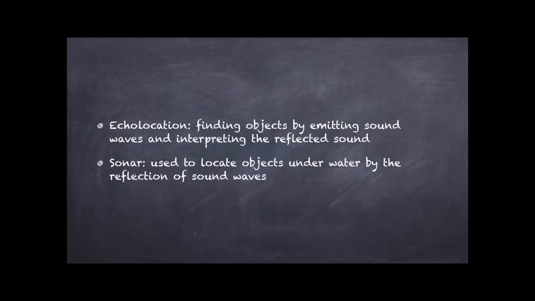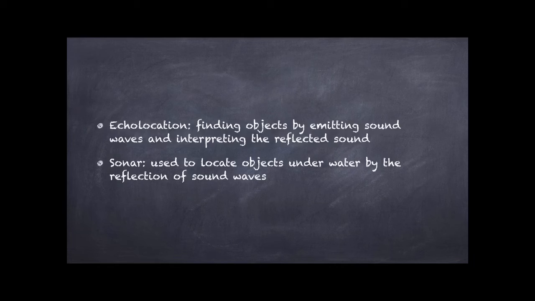We talked about echolocation, which is used by dolphins and bats. This is when you are able to find objects by emitting a sound and then interpreting the waves that get reflected back from the sound once it has hit an object. So then bats or dolphins can tell how far or near a prey is. We talked about sonar, which is a way for sound to be emitted to locate objects such as those underwater.